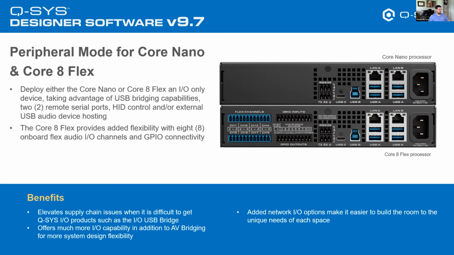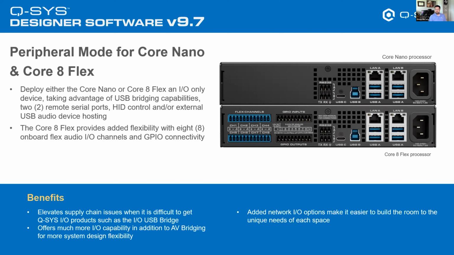So this can become a fairly cost-efficient method, because if you were to try to get 8 channels on a QIO, a GP8x8, a QIO S4, and an IO USB bridge, I guarantee you all of those things put together are way more expensive than an 8 Flex.